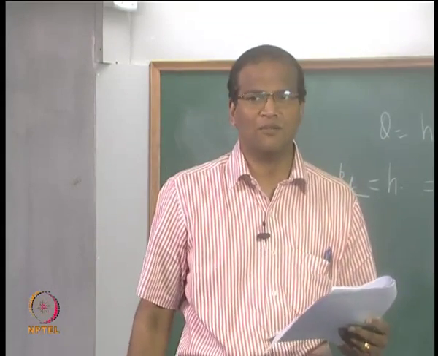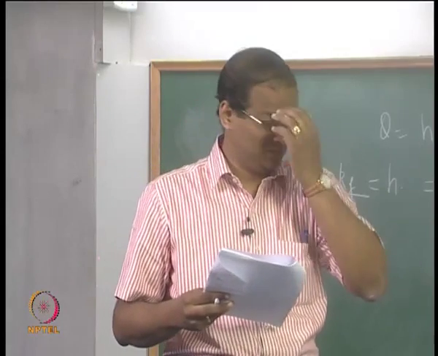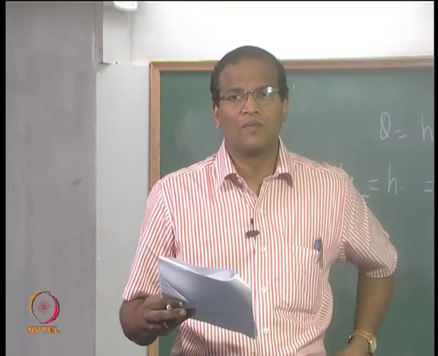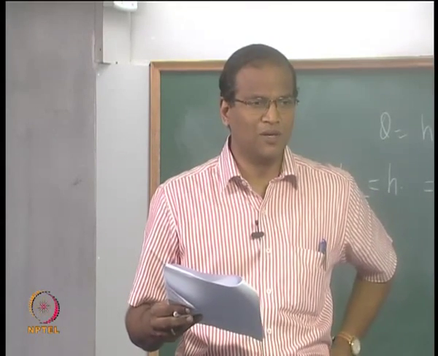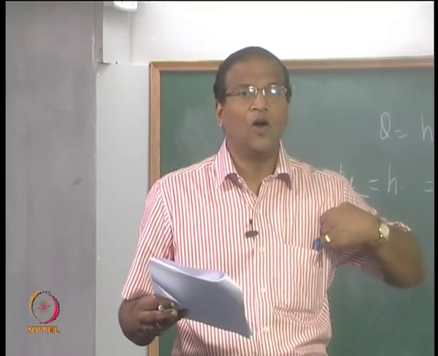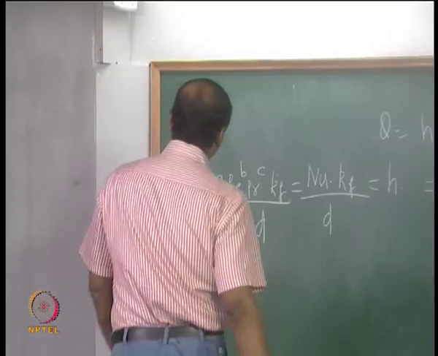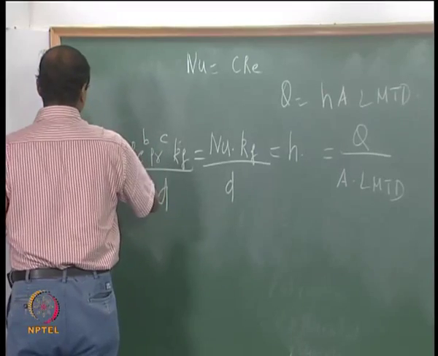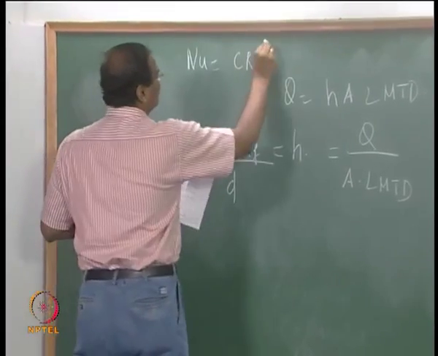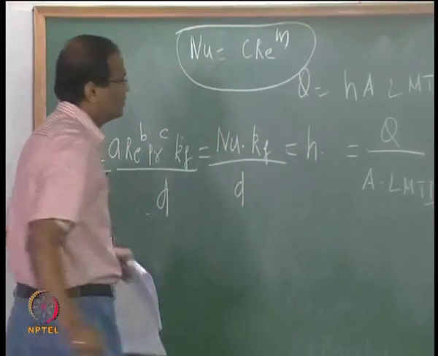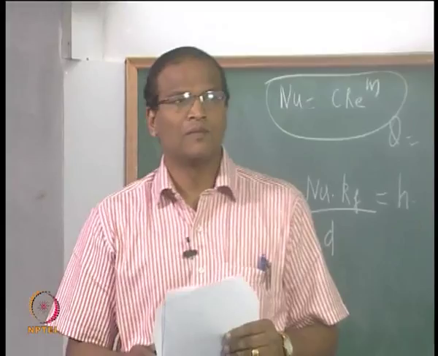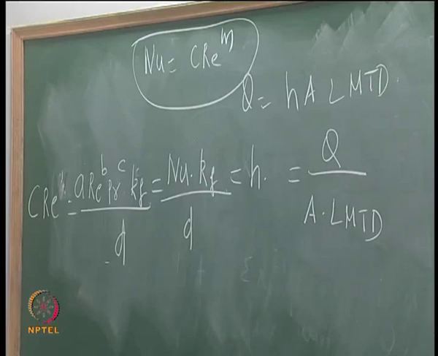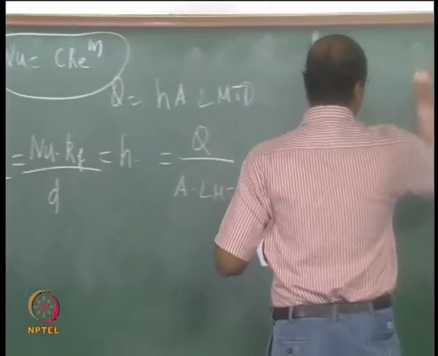Assuming a power law for the Nusselt number of the form Nu is equal to C Re to the power of M, using least square regression, get the best estimates of C and M.